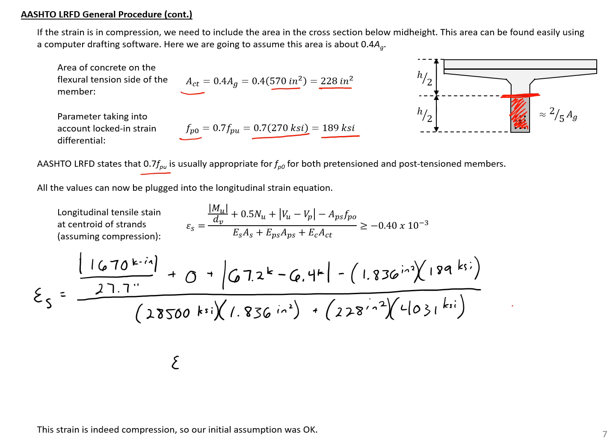So we're going to get a strain here then of negative 0.233 times 10 to the negative third. And you can see that this is greater than our lower limit of negative 0.4 times 10 to the negative third, so this is the value that we're going to use moving forward to find our theta and our beta.